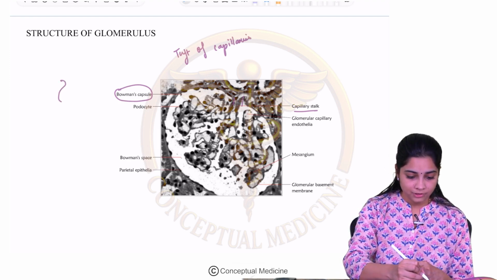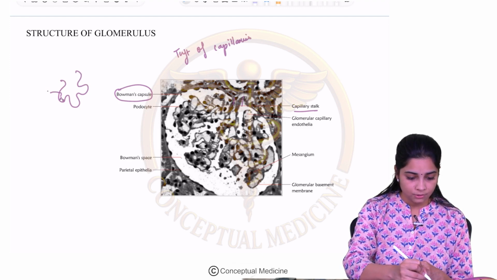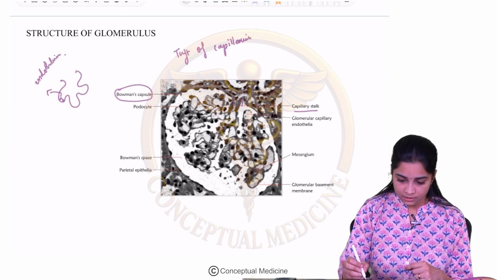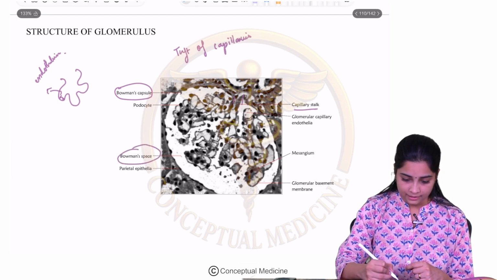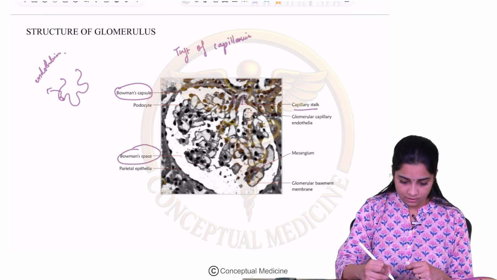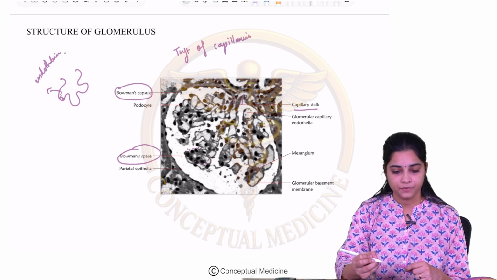These tufts of capillaries are lined by what? They will be lined by endothelium. This is your Bowman's space and this, as you can see here, is your endothelium.